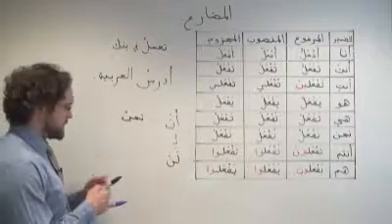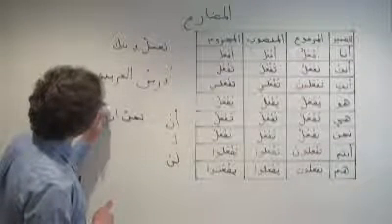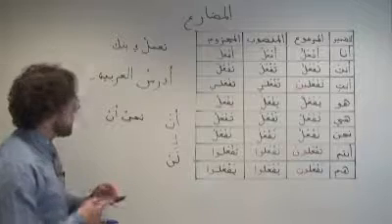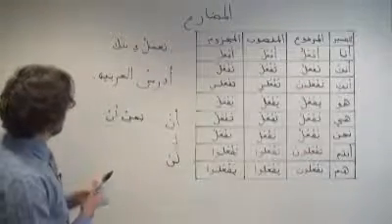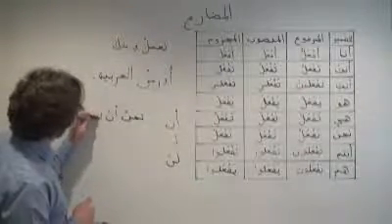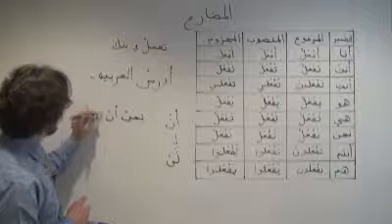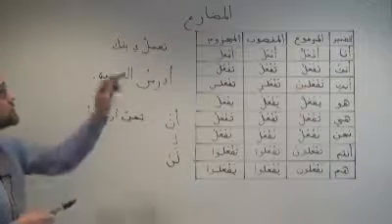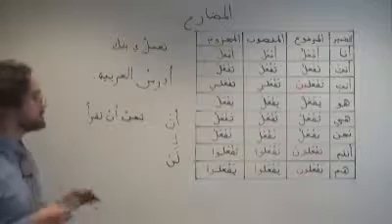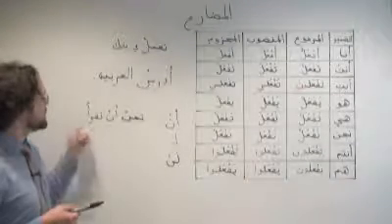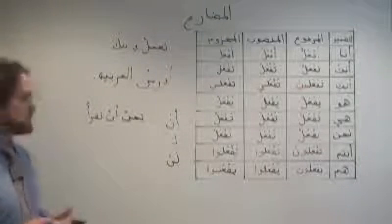That default form. But then we use an to connect those two verbs. She likes to read, taqra. And then we're going to use the mansub form. We're just going to put that little fatha on the end as kind of a decoration.